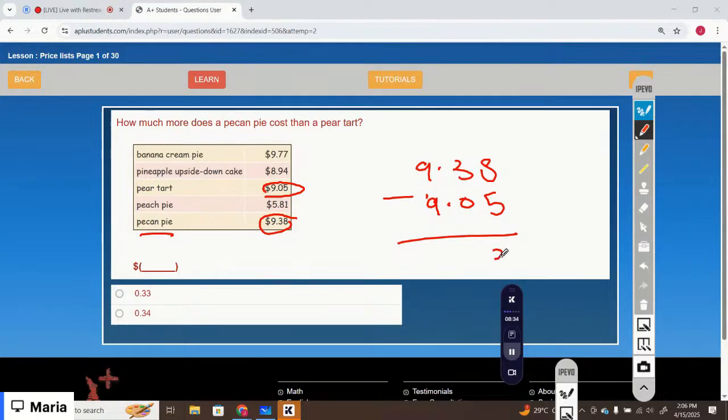So just subtract. 8 minus 5 is 3, 3 minus 0 is 3, and 9 minus 9 is 0. That means it is $0.33. The correct option is $0.33. Option number 1 is the correct option.